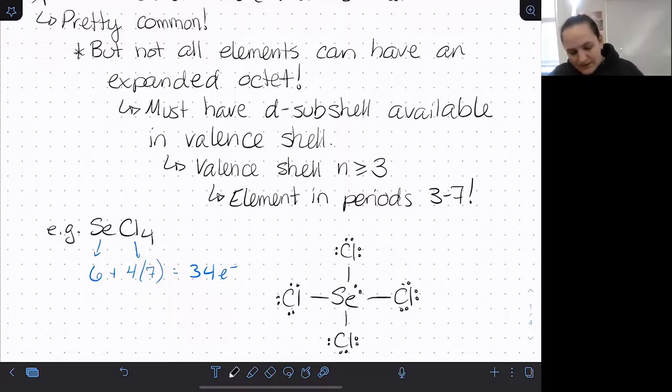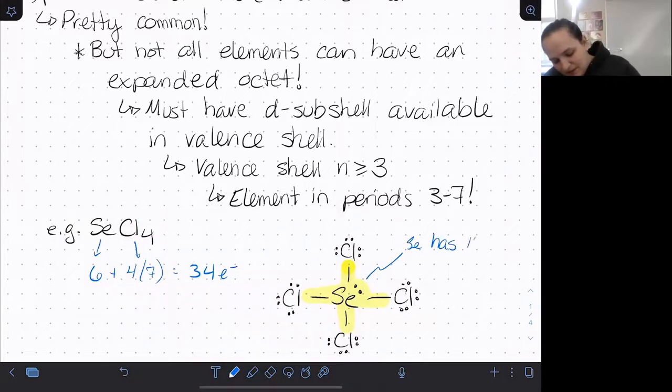But selenium is in period 4, so it has that d orbital available. It's able to accommodate those extra electrons. The selenium here ends up with 2, 4, 6, 8, 10 total valence electrons, and that's fine. That's not a problem.